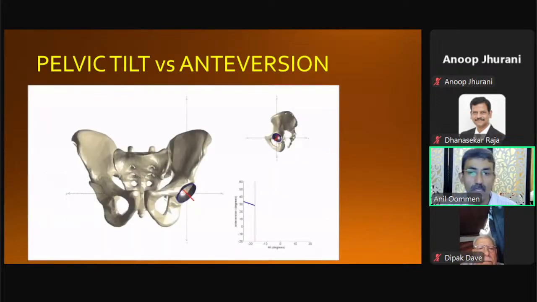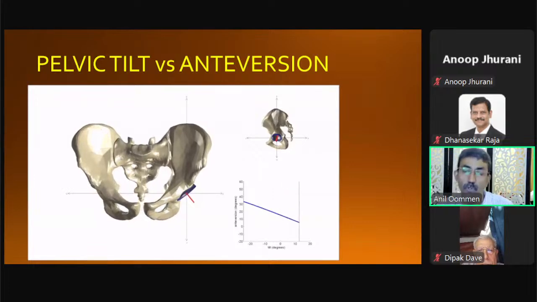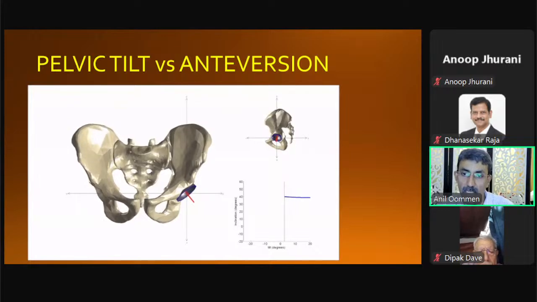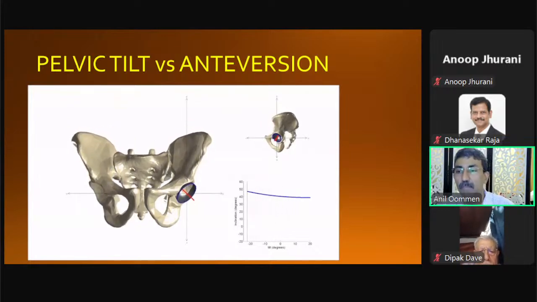Now, if you look at the implications of the pelvic tilt, when you go from sitting to standing, the acetabulum also changes with the pelvis. Remember, if the acetabular component is implanted into the pelvis, there is a change in anteversion and inclination that occurs with this pelvic tilt.